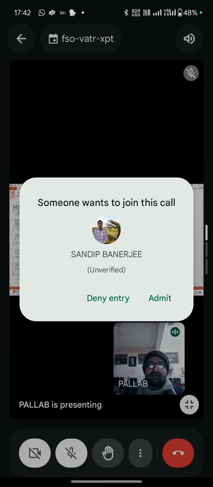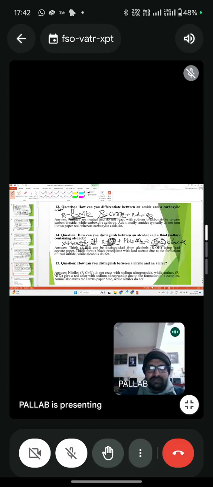So when there is a question asking to distinguish between alcohol and thiol, you will use lead acetate as the reagent, and lead acetate will give the positive test for thiol and not with alcohol. Okay, my dear students, hopefully you have understood this concept.